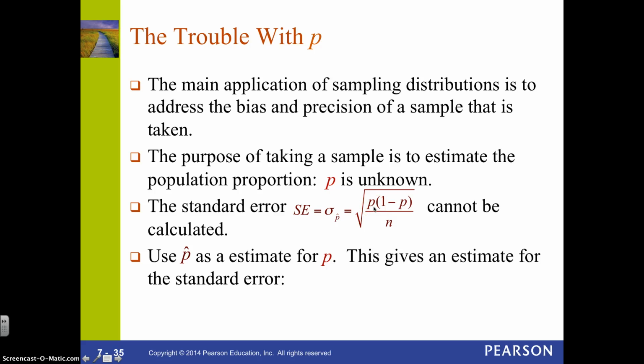So what we do is we use P hat instead as an estimate for P. So the estimate for the standard error becomes the square root of P hat times 1 minus P hat divided by N. Remember, P hat is your sample proportion and N is your sample size.